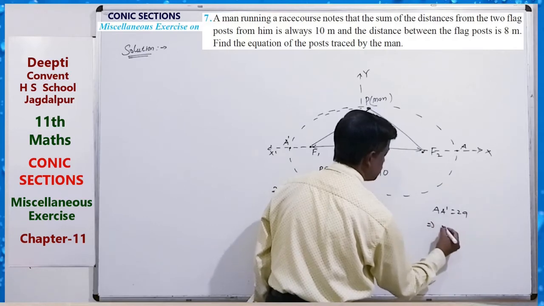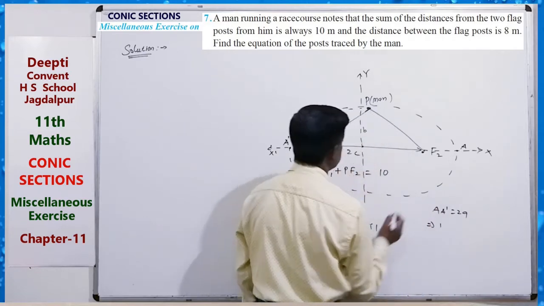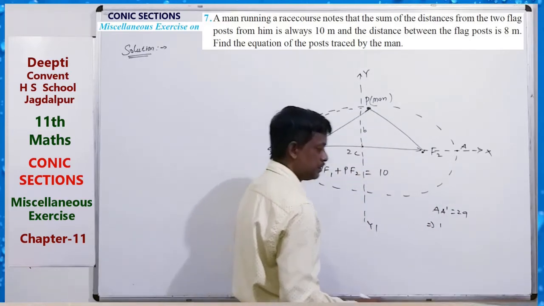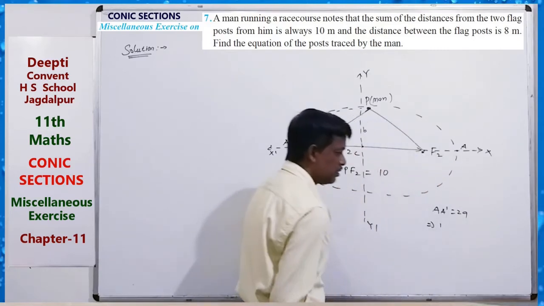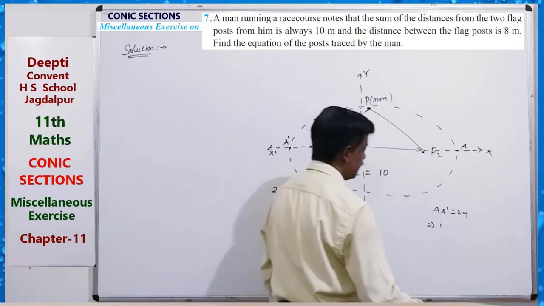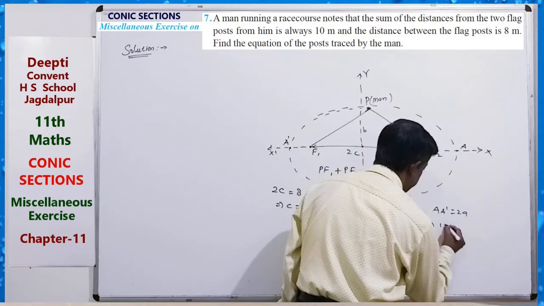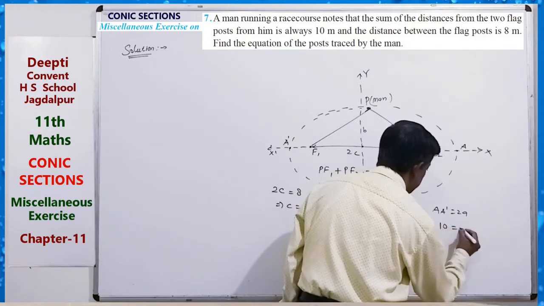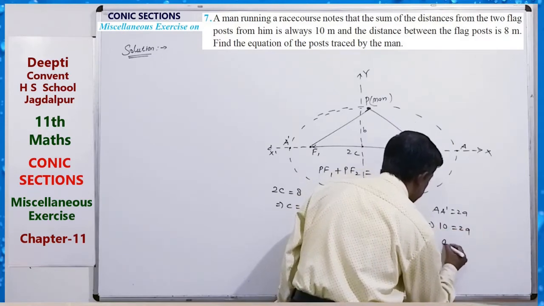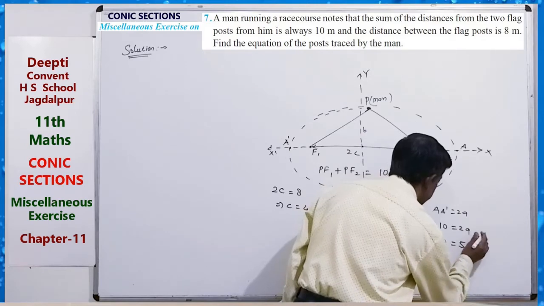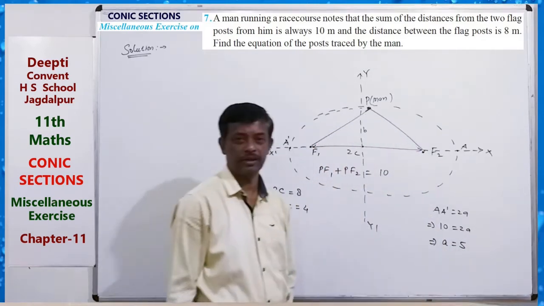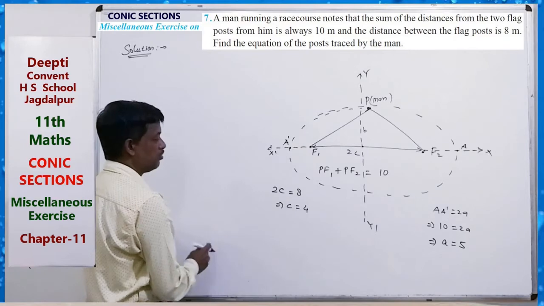So a dash is also given as 10, which means 2a is 10, so a equals 5. a equals 5 and c equals 4.